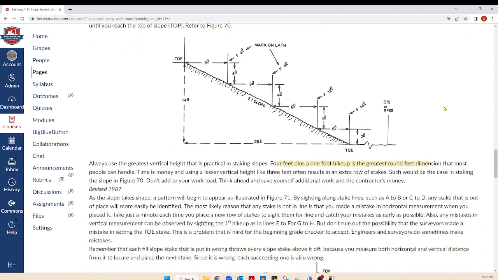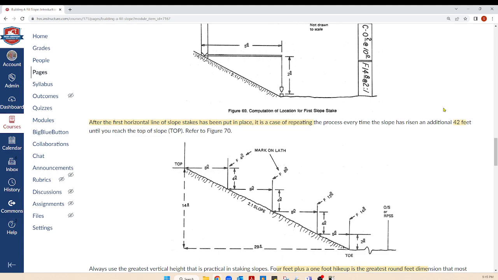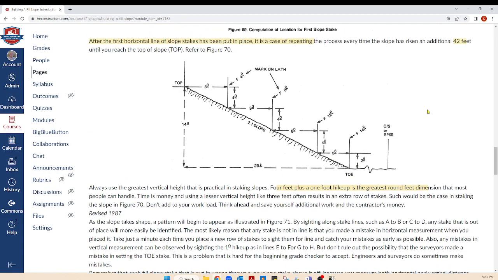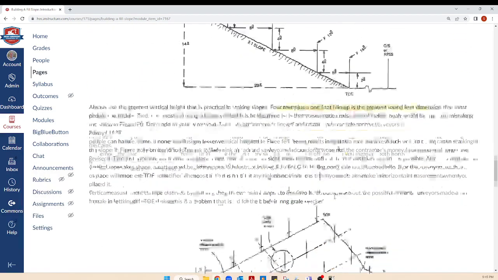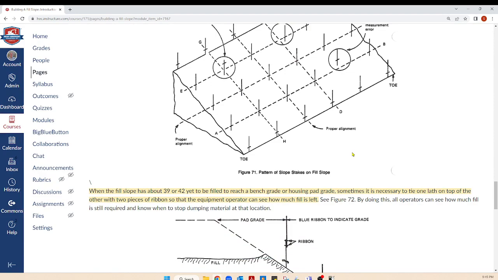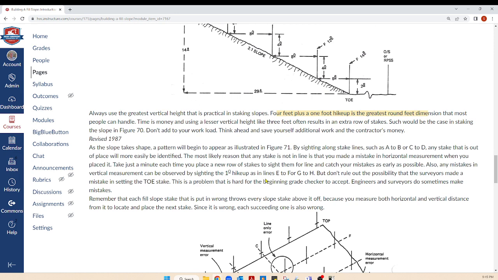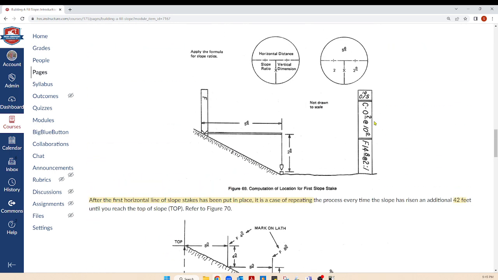Figure 70. Oh, I don't get to have a figure 70. That's figure 71. I think we have a misprint here, guys. Sorry. I don't have a figure.